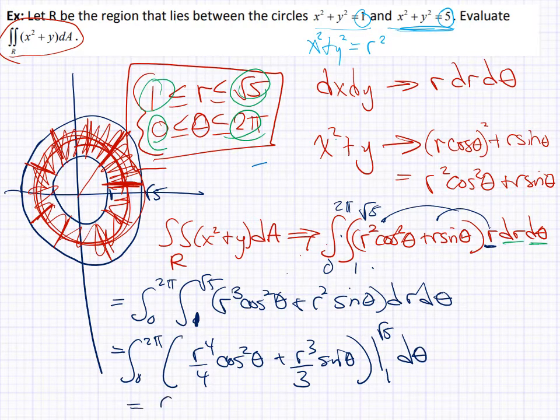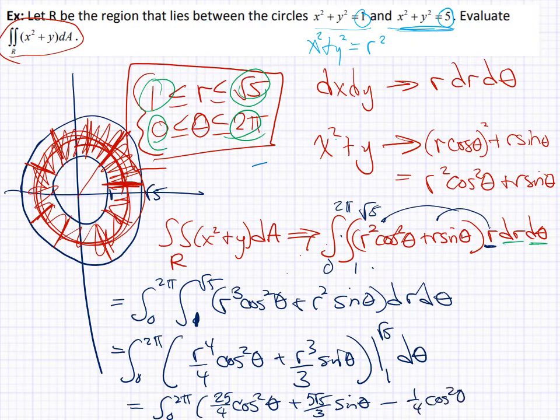So then I would get 0 to 2 pi times, put square root of 5 in, to the 4th is going to be 25 over 4 cosine squared theta plus square root of 5 in here would give me 5 square root of 5 over 3 sine theta, minus 1/4 cosine squared theta minus 1/3 sine theta d theta.